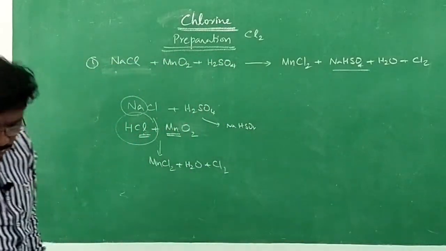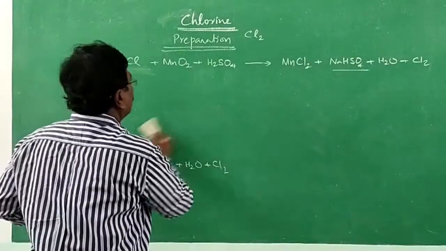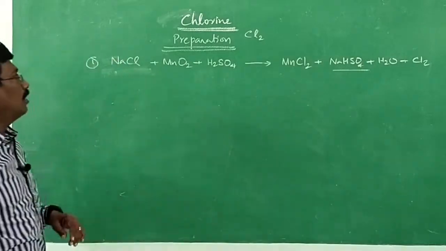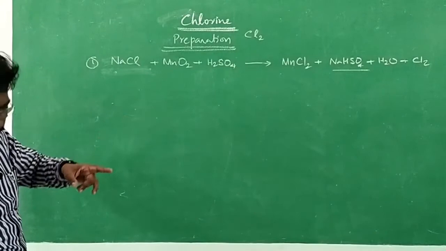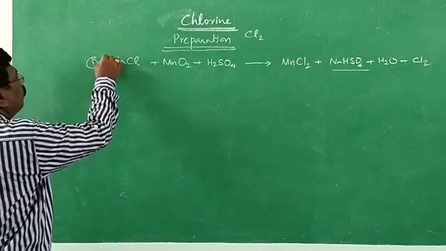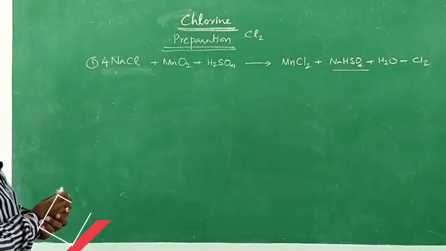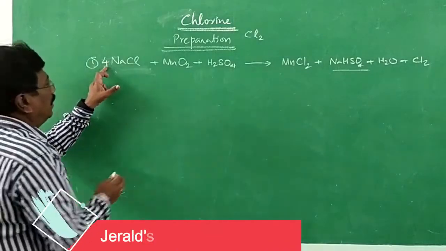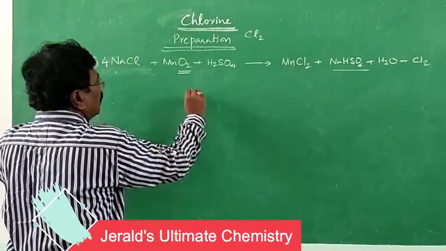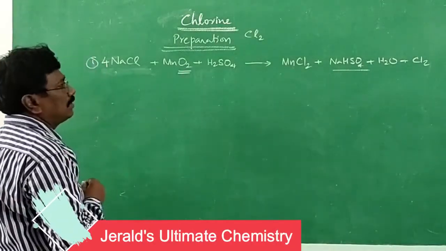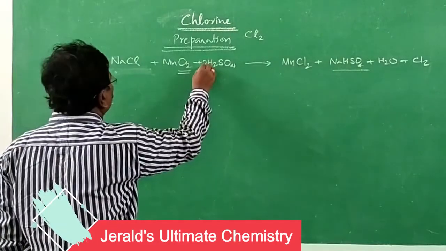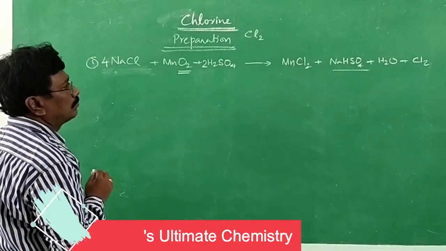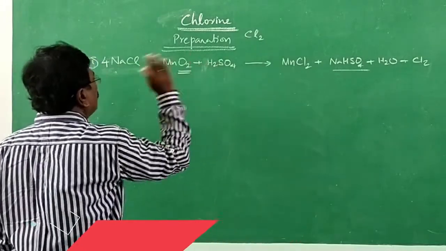And how to balance the equation? Simple to balance. MnCl2, Cl2. At least 4 chlorine atoms we have on the product side. MnCl2 and Cl2, therefore 4. And both oxygen atoms should go as water. Therefore, naturally, we need 2 H2SO4. 2 may not be sufficient. All right, let it be.